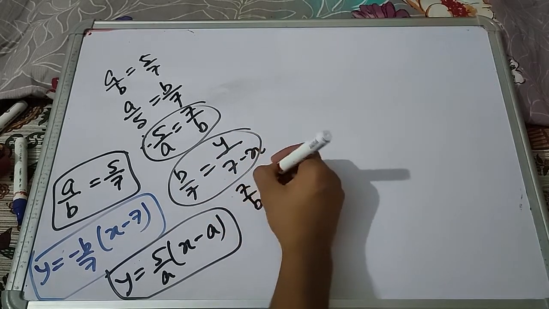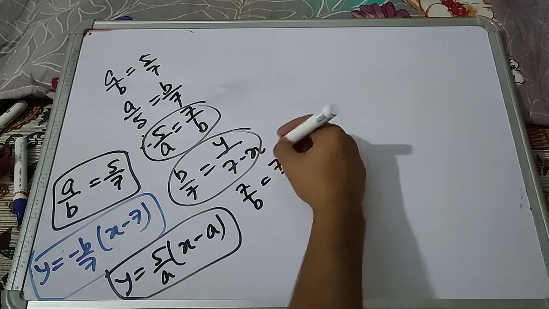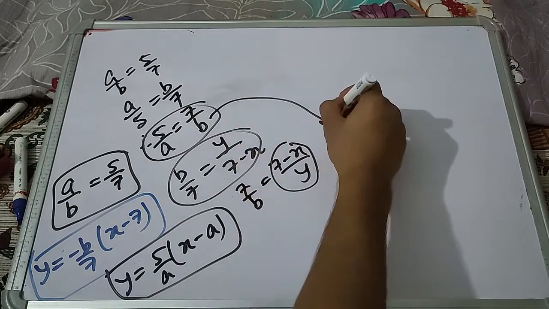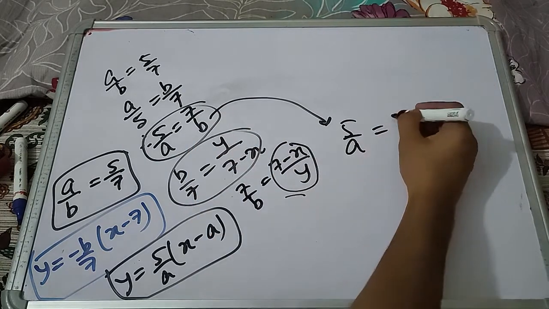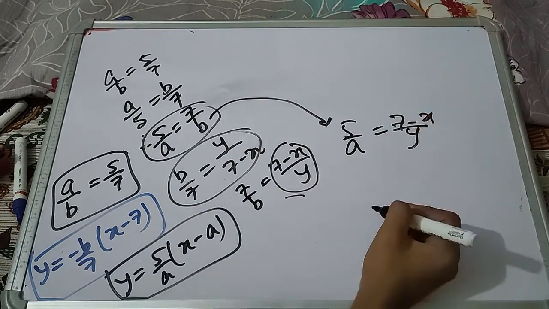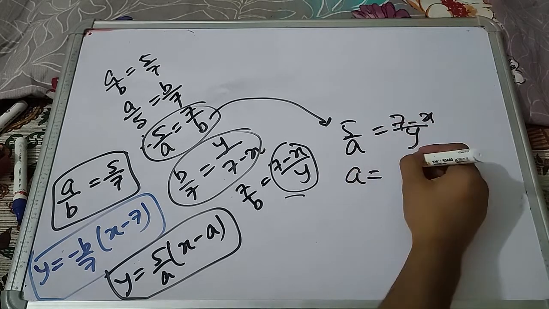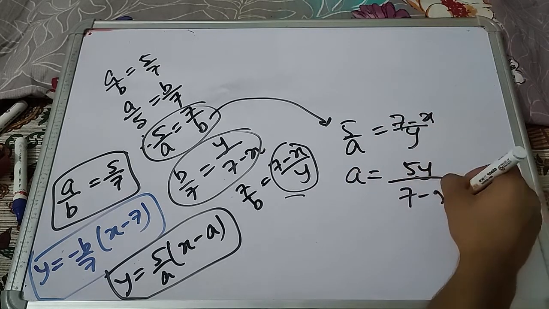Therefore, 7 by b equals 7 minus x by y, right? And from 5 by a equals 7 by b, we can write this also as 7 minus x by y. Therefore, what is a? A equals 5y by 7 minus x.